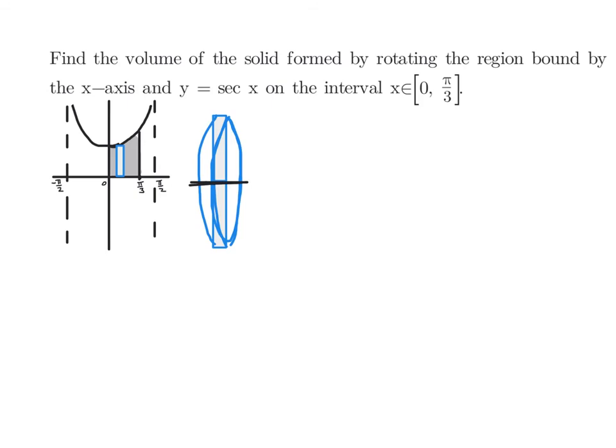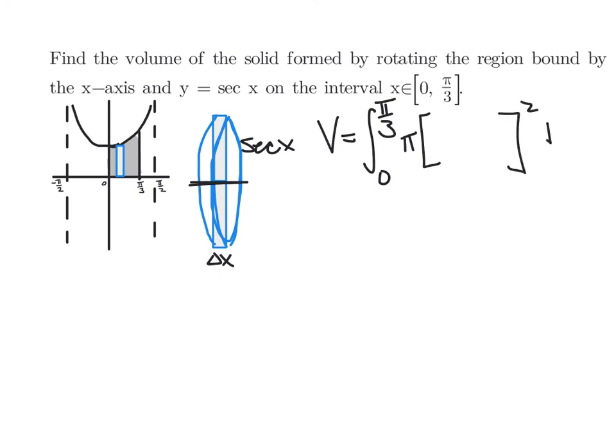The depth of that disk is delta x, and the radius of that is going to be secant of x. We remember that volume is going to be the integral over the entire interval from 0 to pi over 3 of pi r squared dx, where our radius is secant of x.